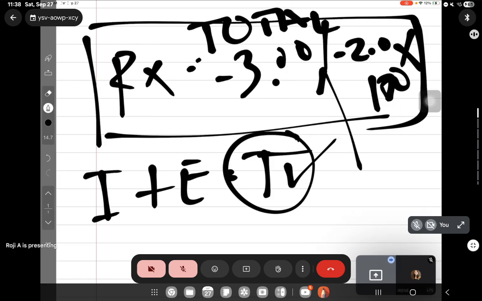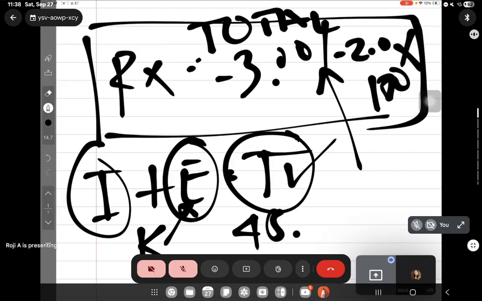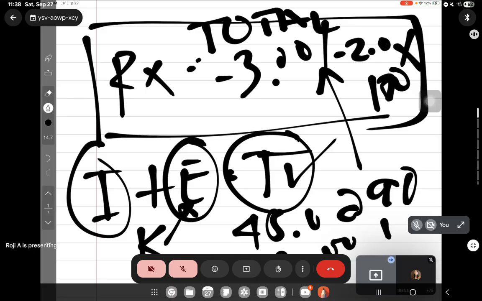So I already have this. Check. The next thing I need to know is this and this. I don't have that, but if I do my K reading, I will get this. So give me K reading. 45 at 90 and 47 at 180.